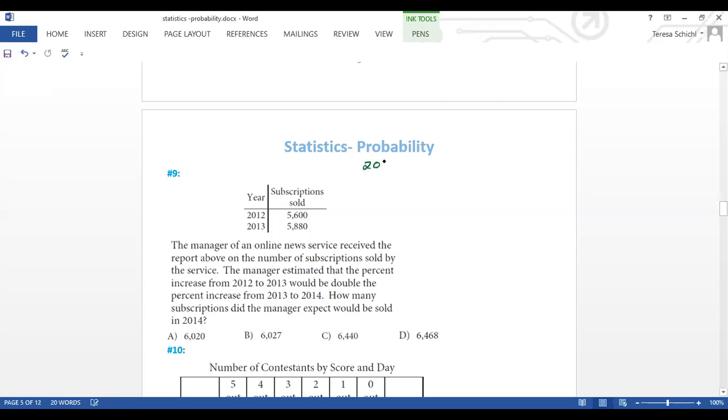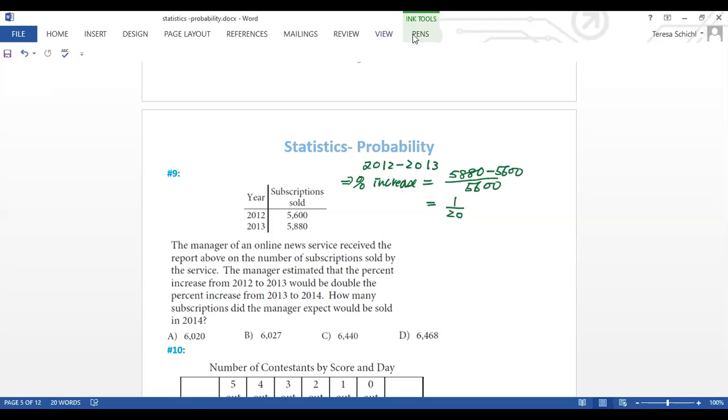So from 2012 to 2013, the percent of increase, what will it be? Always use the new amount minus the beginning amount, 5AA0 minus 5A00, then you put the initial amount on the bottom, 5A00. So the percent of increase is 1/20.